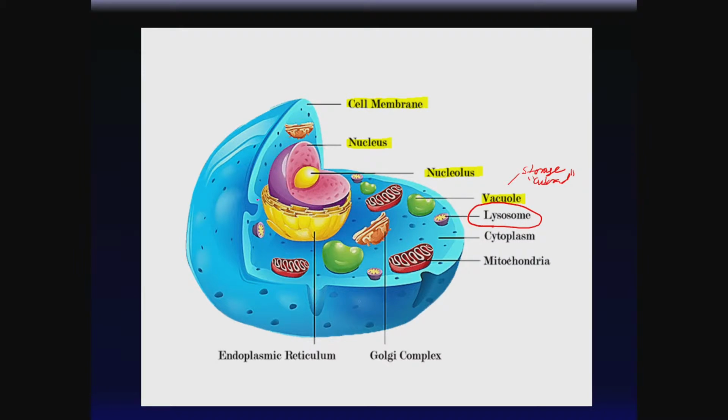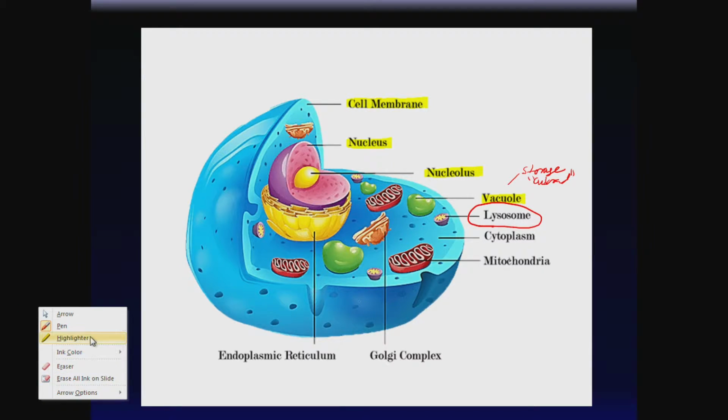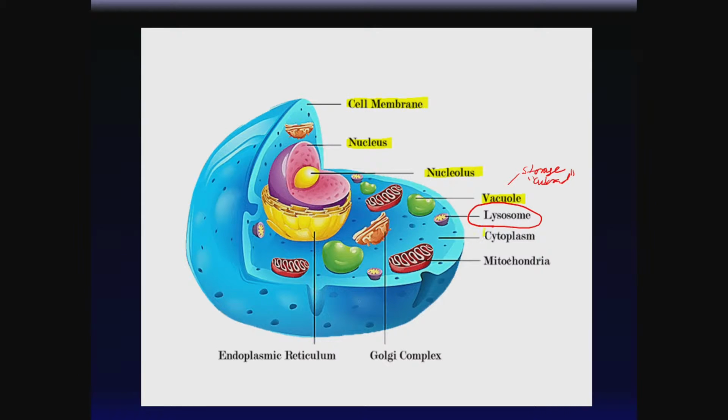Now, the organelles in the cells, they're not just hanging in thin air, so to speak. They're floating in a fluid, which is mostly water. And this fluid is called the cytoplasm. So the fluid that organelles are floating in is called the cytoplasm. These are all the terms that you need to be thoroughly familiar with.